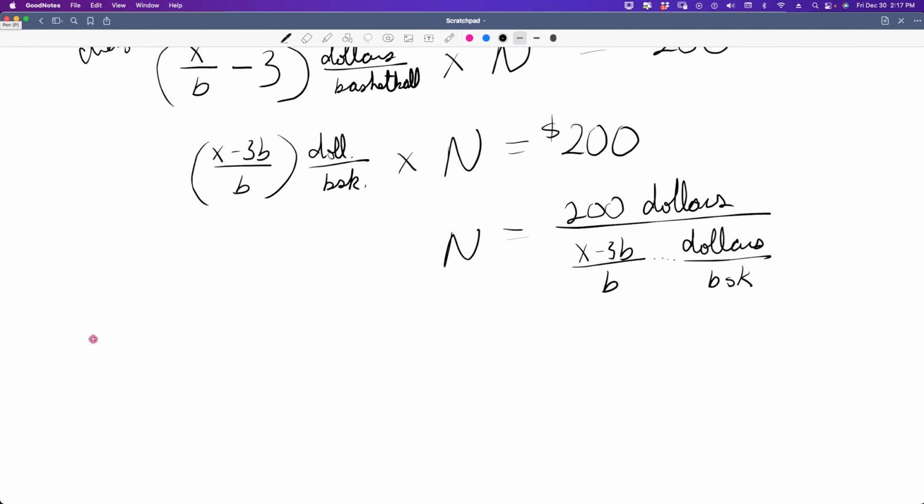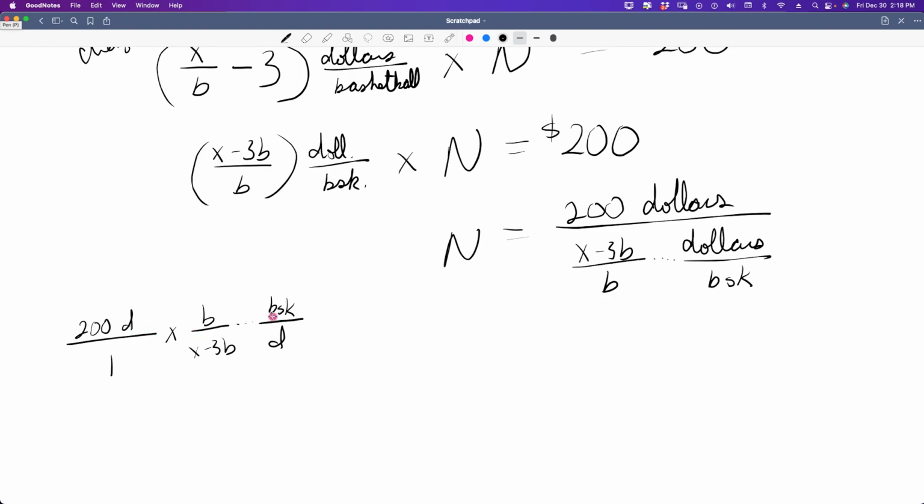let me do it over here, 200D, I'm just going to put D for dollars to make that short and easy to remember what I'm doing, over 1 times b over x minus 3b, and this, my little dotted line, I have basketballs, and I have D for dollars.